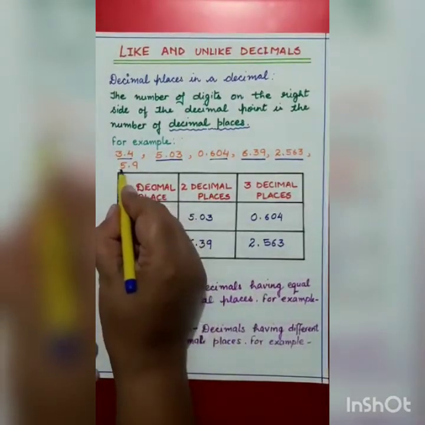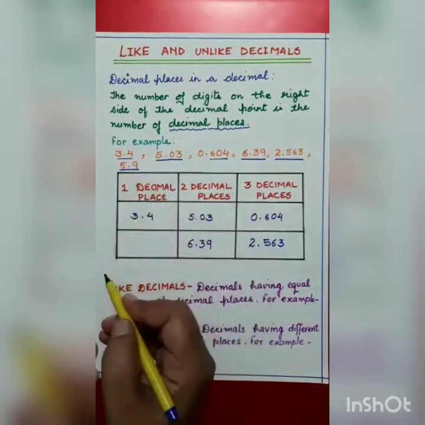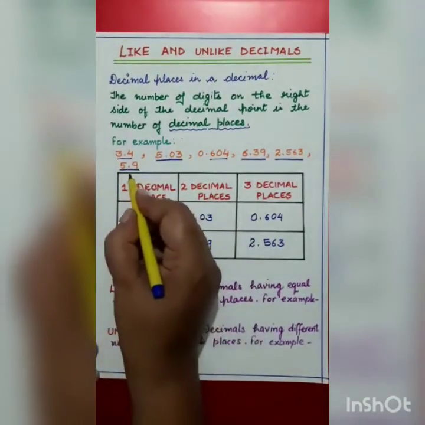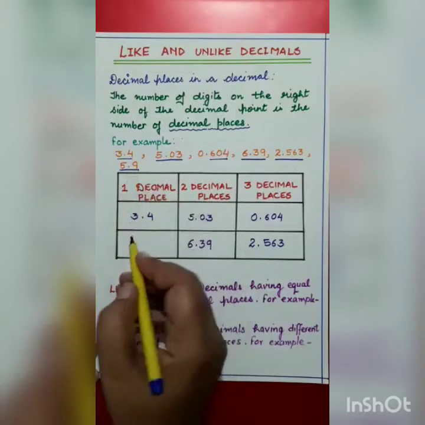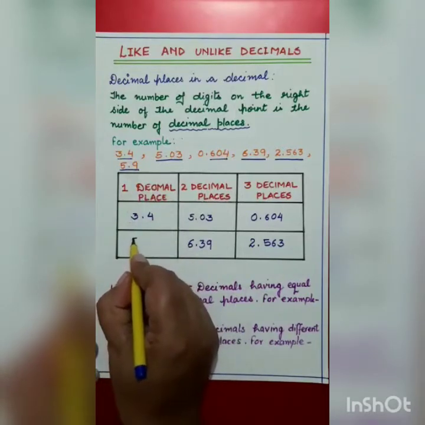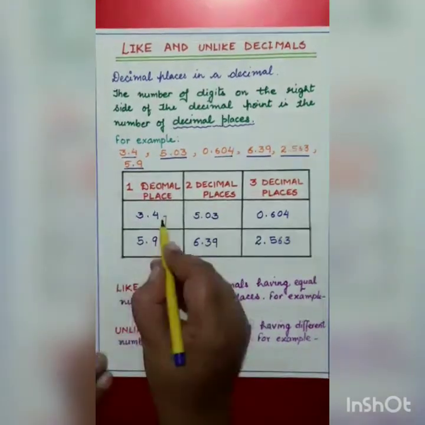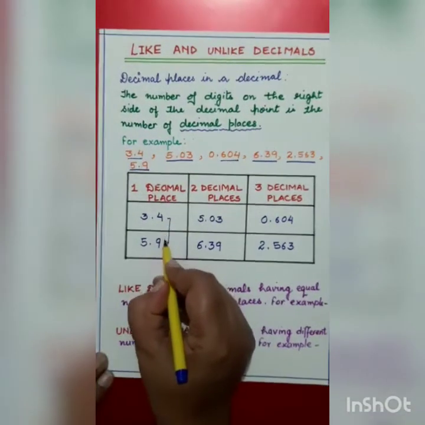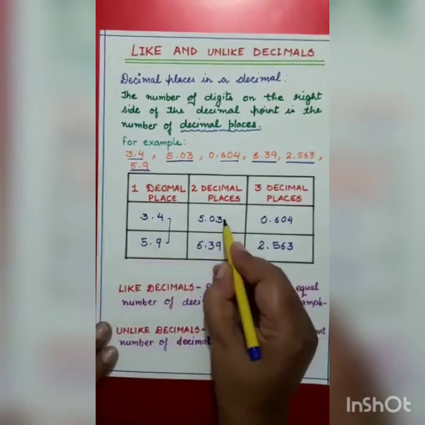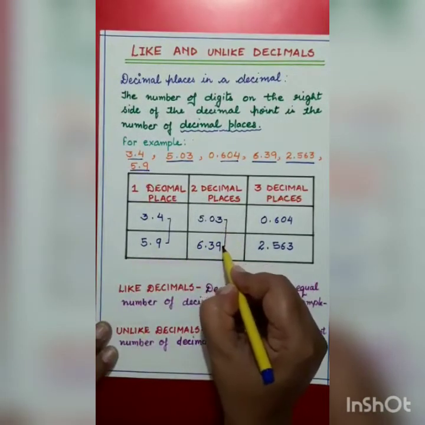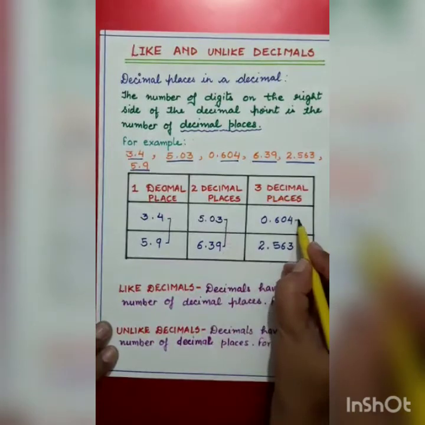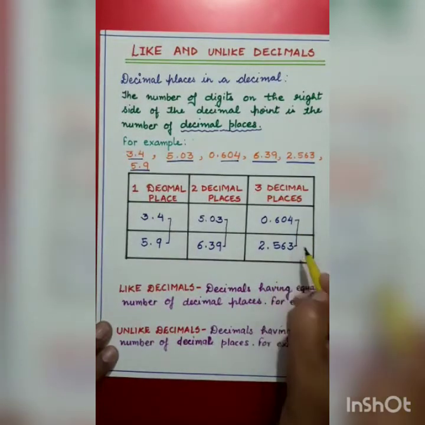In the same way, 5.9 has only one digit after the decimal point. Therefore, it has only one decimal place. Here, these two numbers have one decimal place. These two numbers have two decimal places. And these two numbers have three decimal places.